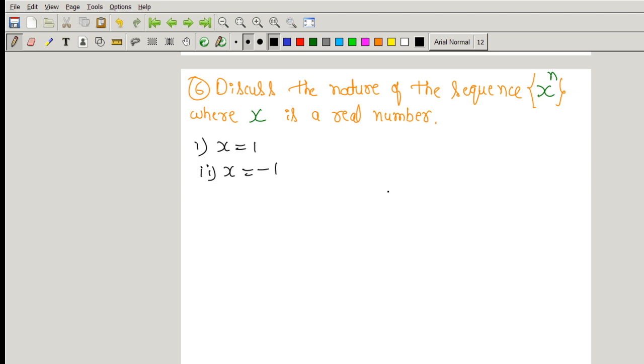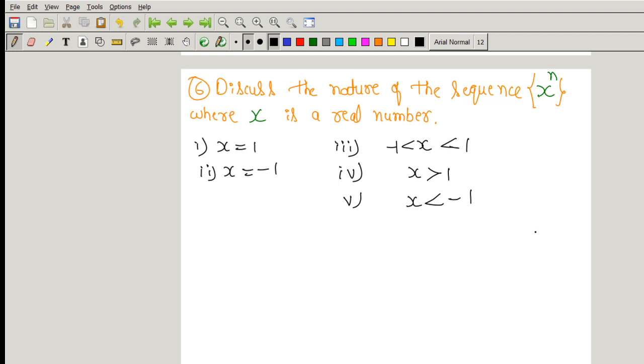And in the third case, I check for every value that lies between minus 1 and 1. And in the fourth condition, I check for x greater than 1. And in the fifth condition, I check for x less than minus 1.